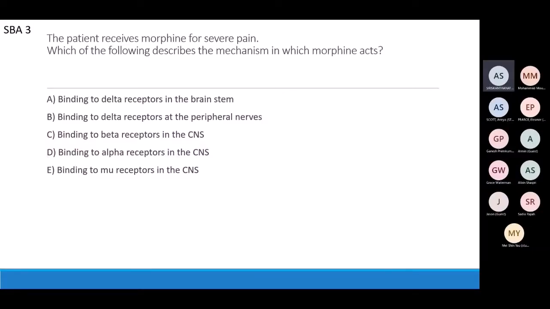SBA before I go on to how opiates work. Patients receiving morphine for severe pain. Which of the following describes the mechanism in which morphine acts? So just open the polls. Give you about 30 seconds.